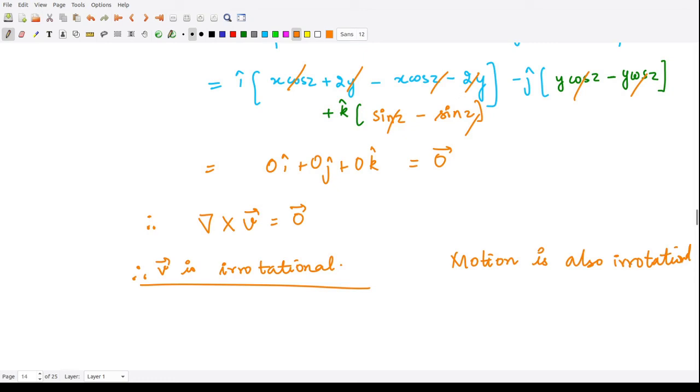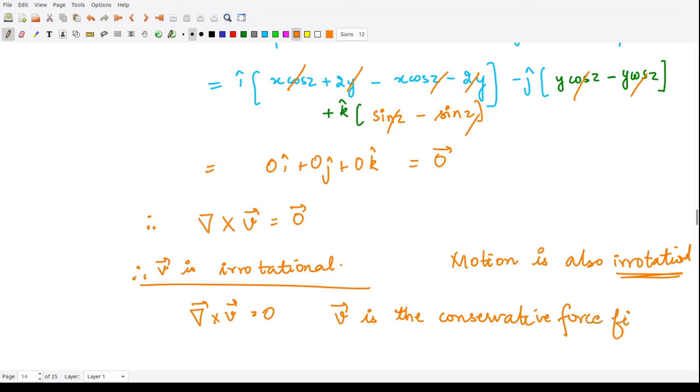For the second part, if the motion is irrotational, if this quantity is equal to 0, that means you can say the velocity field v is the conservative force field, right? And if this is the conservative force field, in that case whatever is the quantity v obtained can be written as the gradient of some scalar function phi, that phi is the scalar potential.